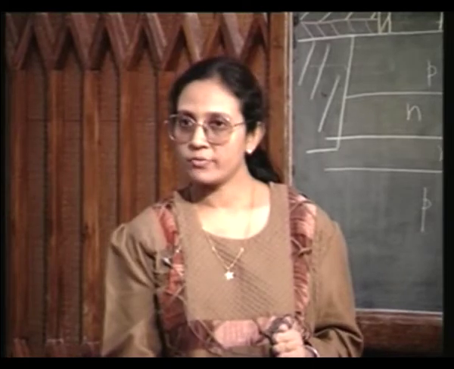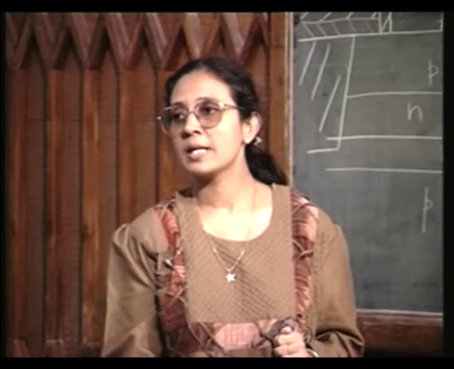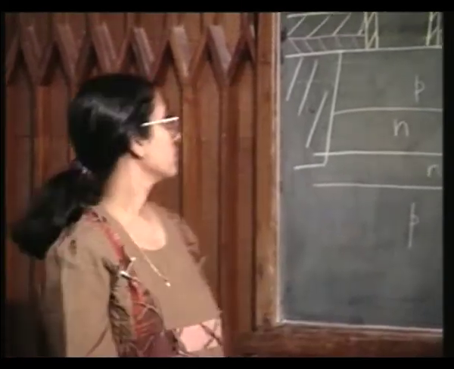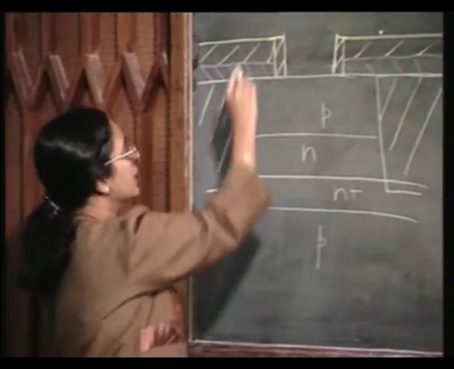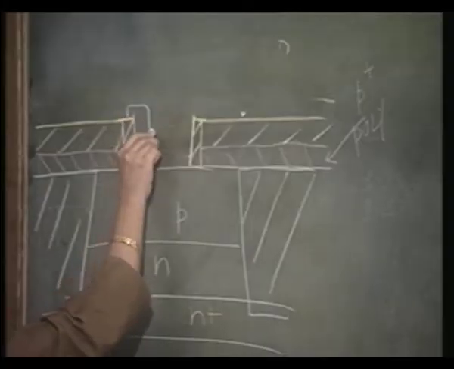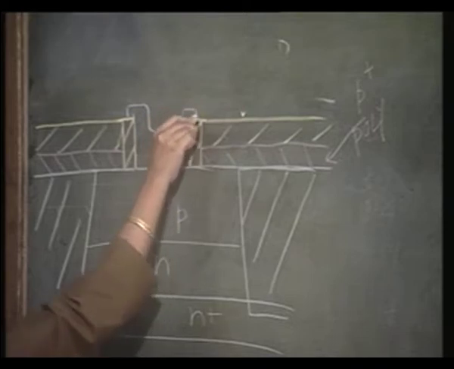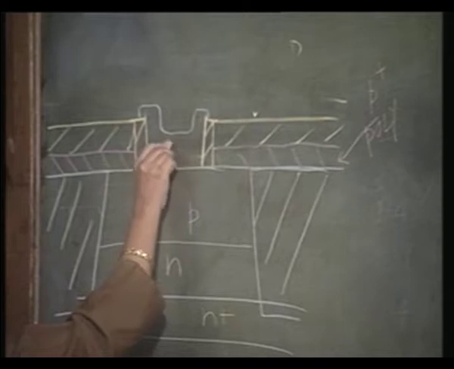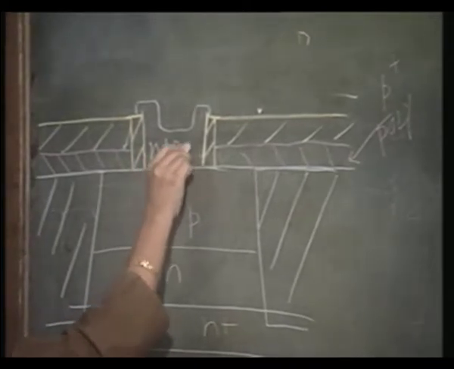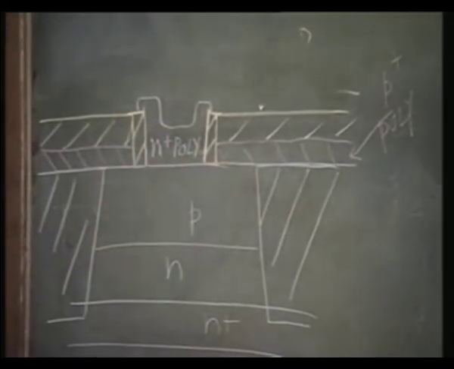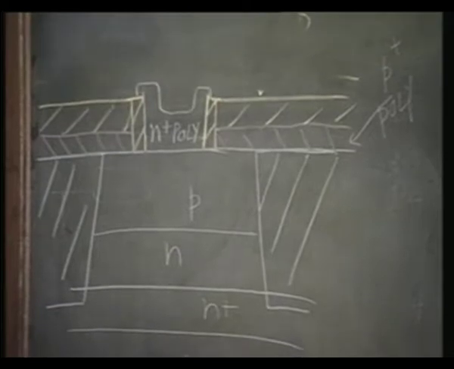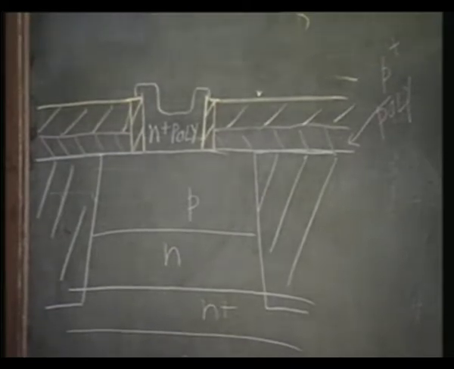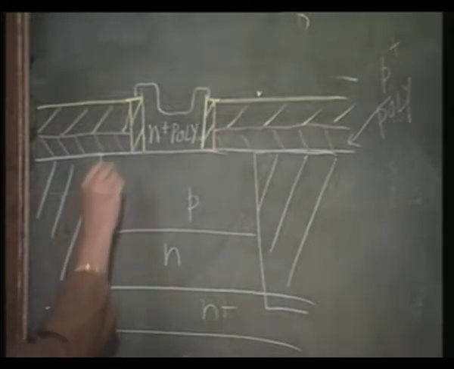Now all I have to do is to deposit N plus poly all over and then remove it from certain region so that it is retained only here. What do I do next? A thermal annealing. And then what do I have?